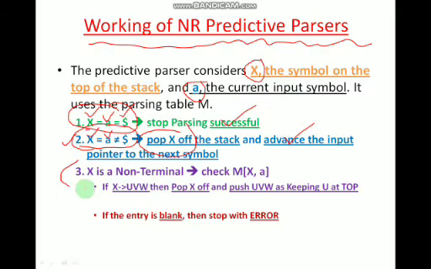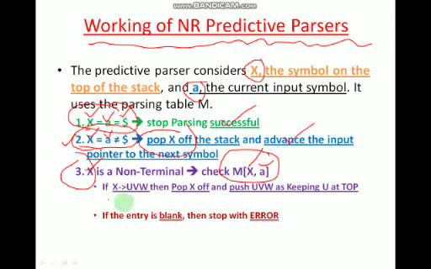And the third possibility is that at any point X is the symbol at the top of the stack and a is the current input symbol. In that case the parser will consult the predictive parsing table.